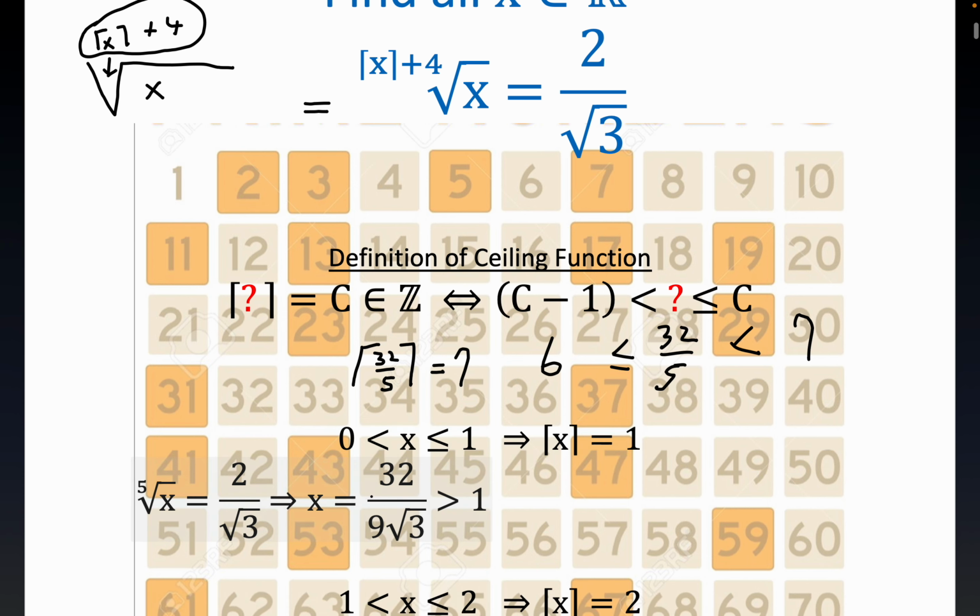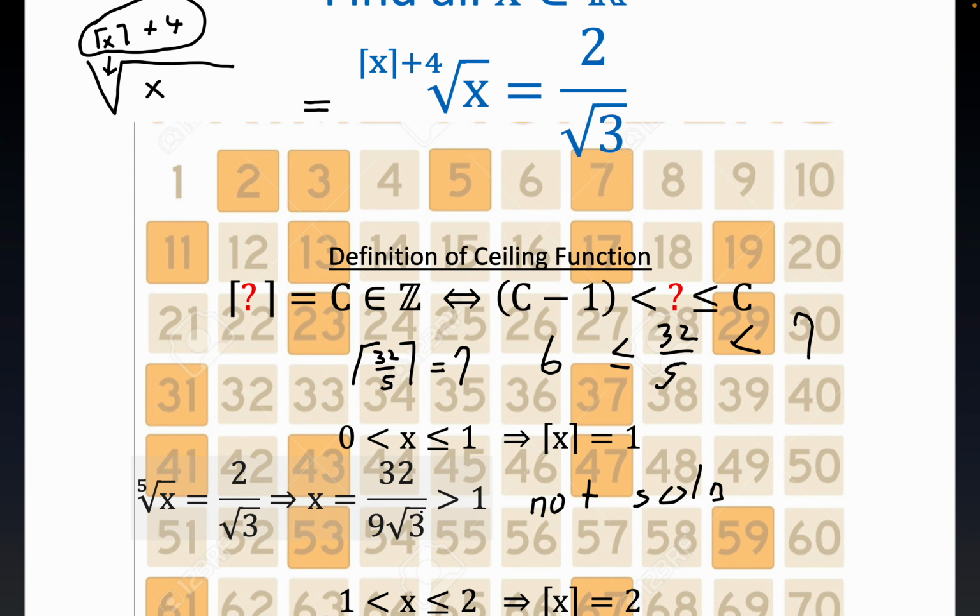So that means x is not in this interval. The interpretation there is this is not a solution. Again, it's because the number we got when we played by the rules is larger than the interval specified by any x that has a ceiling of 1. So not a solution.